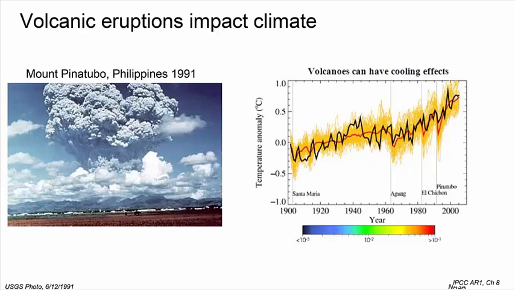You can see just a month after, those sulfuric acid particles are focused on the tropics, but as you get later and further out, it covers the entire globe, and this causes cooling at Earth's surface.